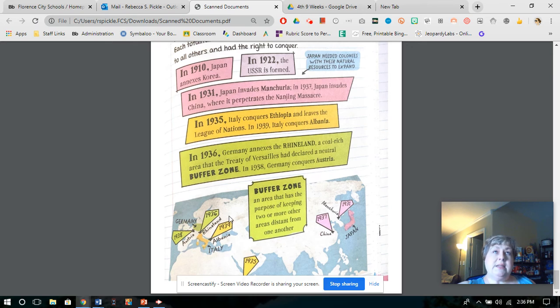What that was is an area between Germany and France that France wanted, to keep Germany from just coming in and taking over them anytime they wanted to. France could defend it, but Germany was not allowed to put any type of weapons there. And this was agreed to in the Treaty of Versailles.